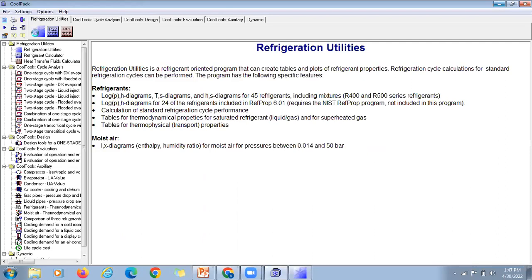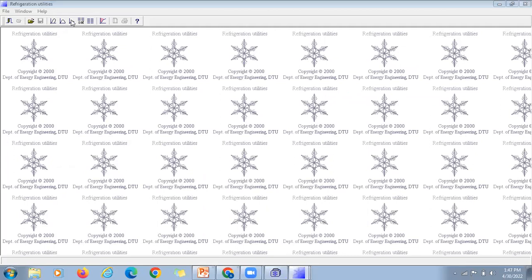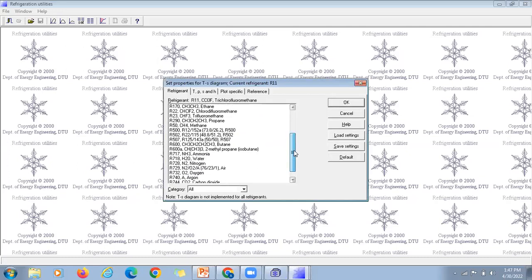And the same way, if you need to get a chart, even your pH, TS, or maybe HS. Let's say pH or TS chart, you look for water R718.